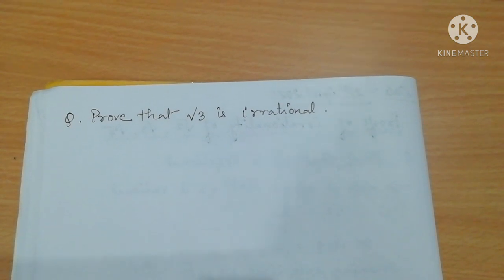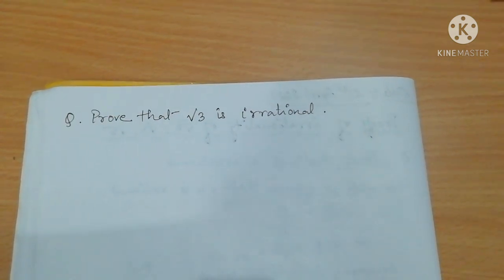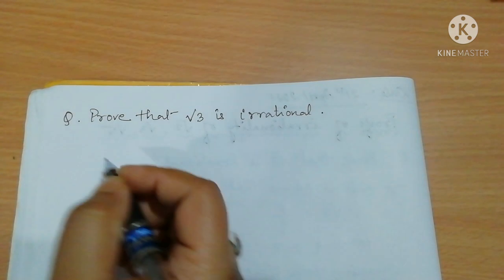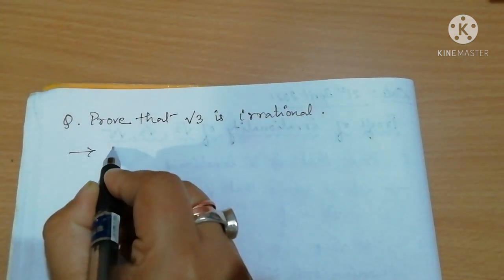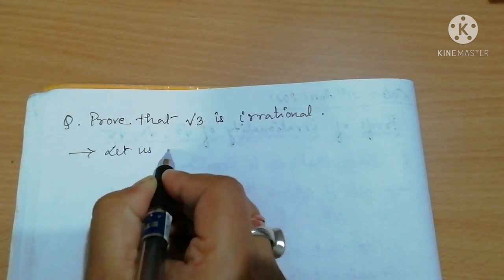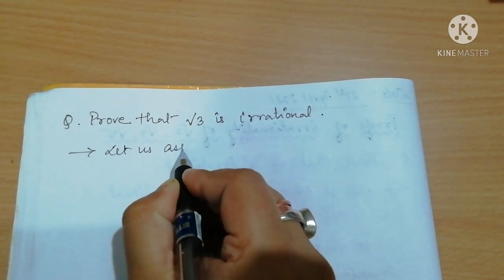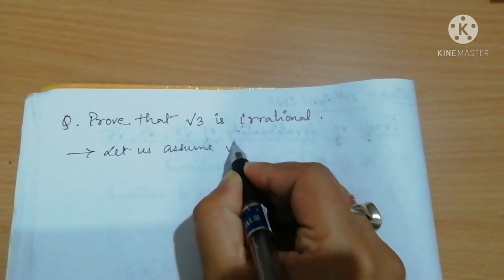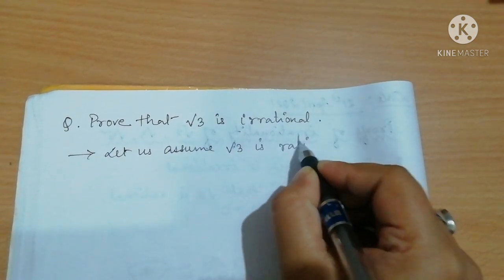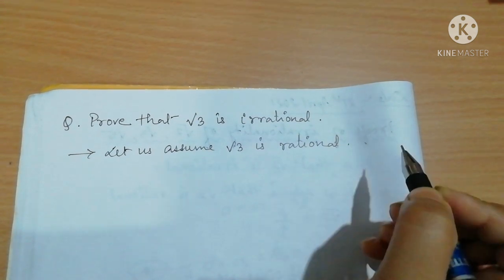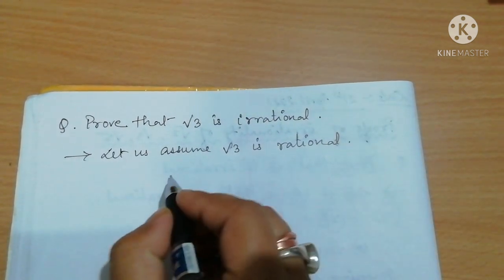Next, let us prove that root 3 is irrational. In a similar way we will go. Let us assume root 3 is rational.